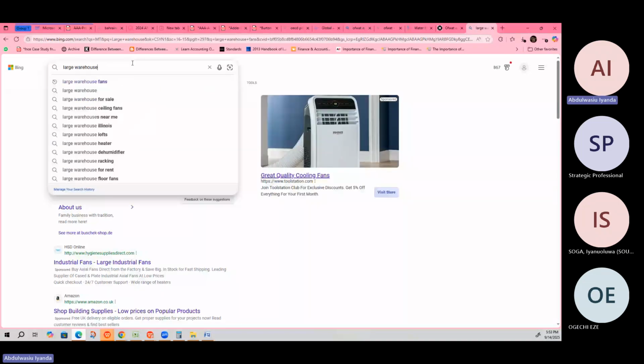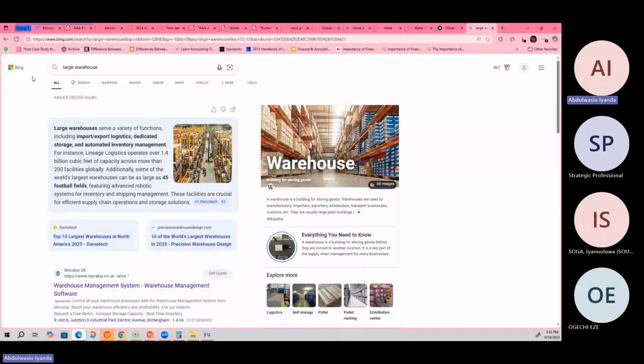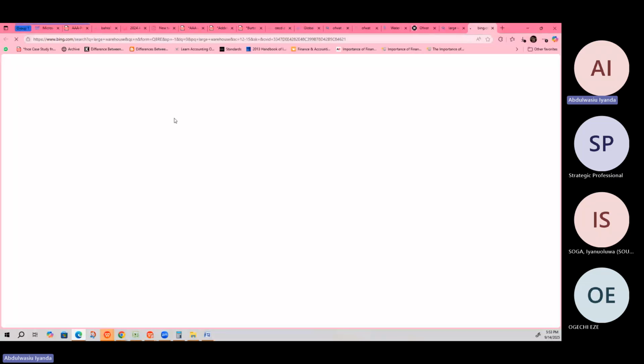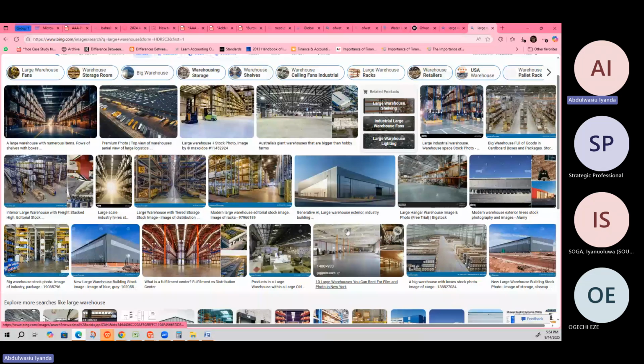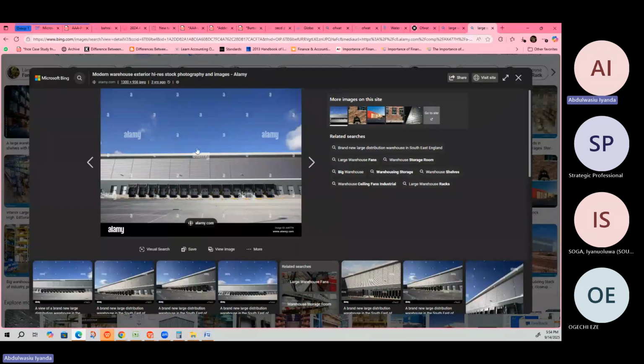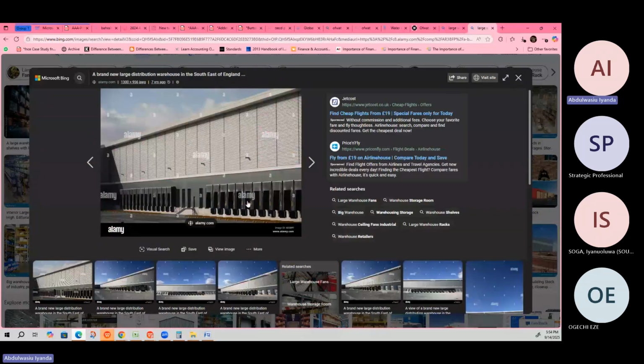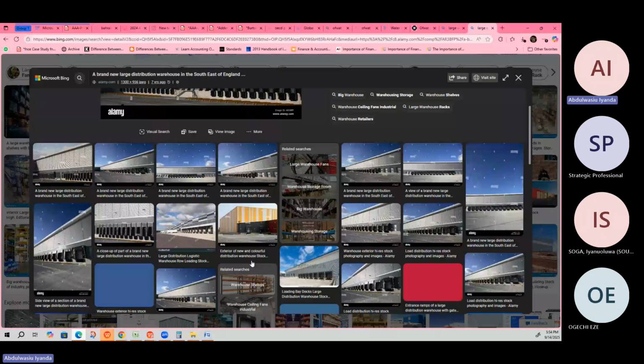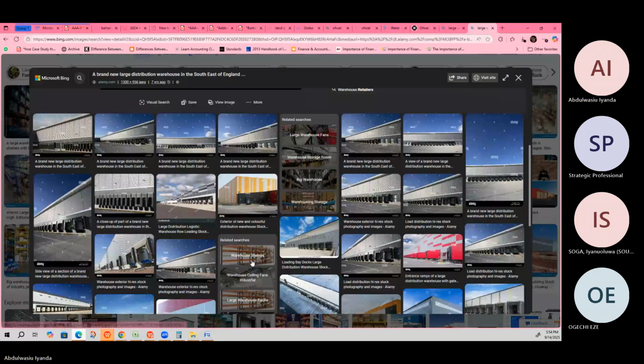Let me look for one image that looks like it. Look at this image. Is it okay? Let me look for a better one, then I'll use it to explain this.